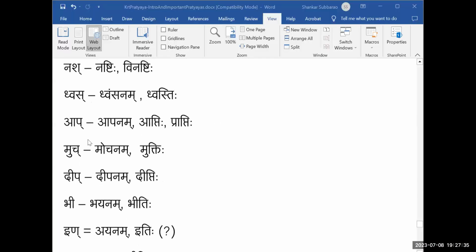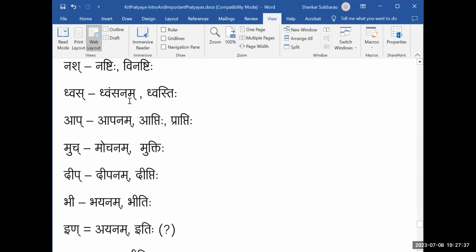Then, dhvams, dhvas, dhvamsanam, dhvastihi. See, in some of these where you have this nasal in between, han will become hatihi. Gam becomes gatihi, that nasal goes. Jan, jatihi. Okay. Aap, to gain: apanam, aptihi, praptihi.